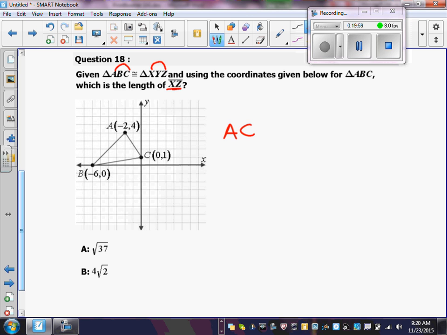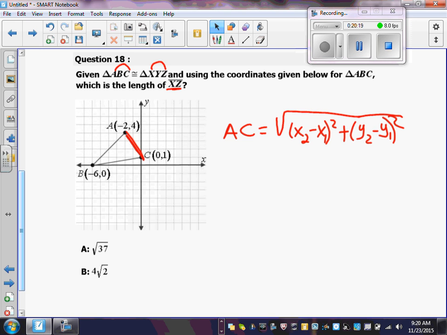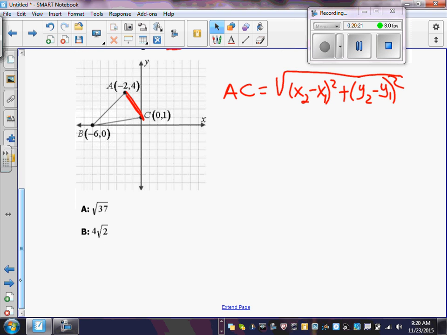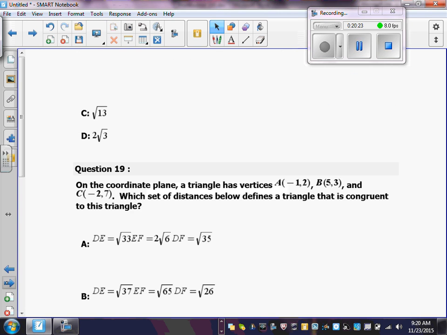So what you have to do is find the length of AC using the distance formula. You remember your distance formula? The square root of x2 minus x1 squared plus y2 minus y1 squared. You have to memorize this by now. We are in Unit 4. We started learning about distance in Unit 1. So that's what you have to do to find it.